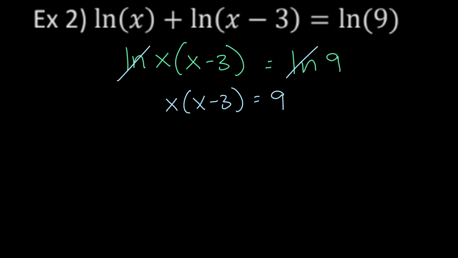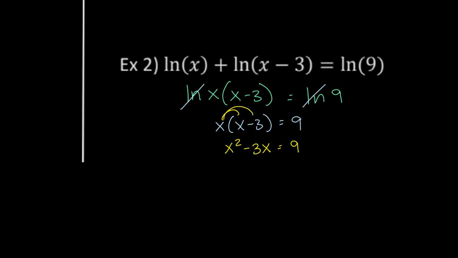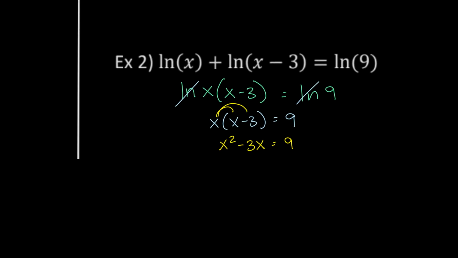Distribute the x. So, x times x is x squared, minus 3x, equals 9 still. I'm going to tell you, anytime you are multiplying x's, so multiplying variables or dividing variables, this is when an extraneous solution can occur.